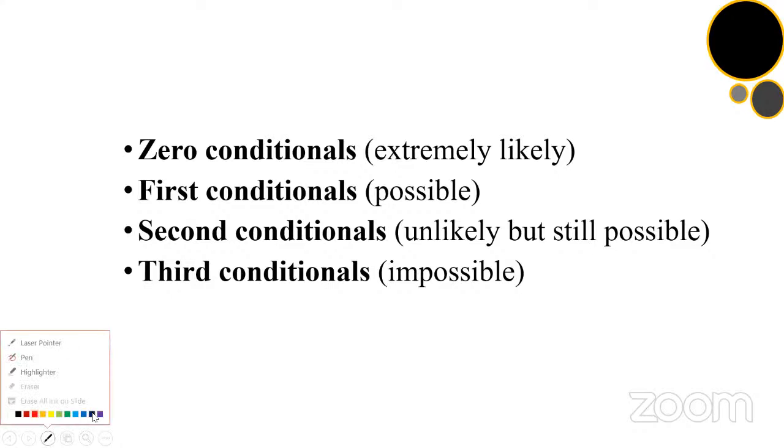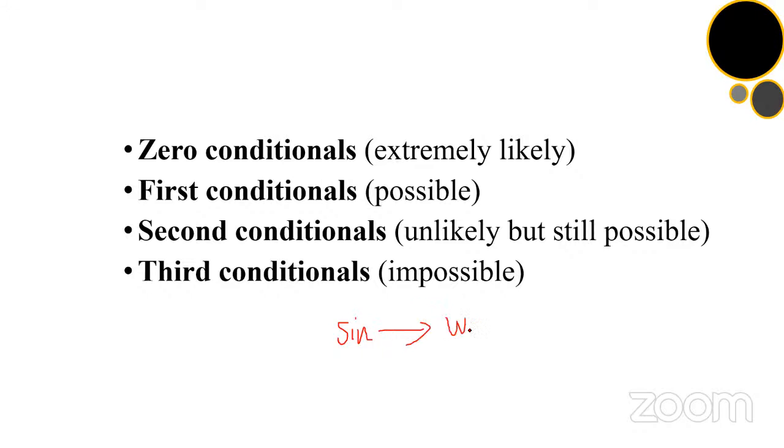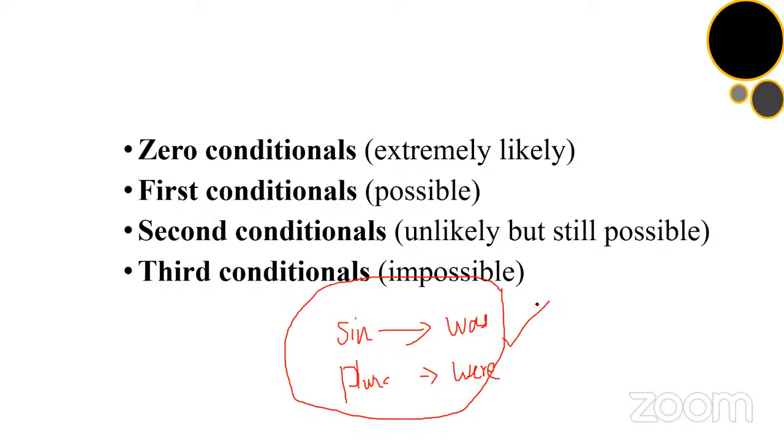For singular you'll be using was, and for plural form you'll be using were. This is the normal thing we usually do. As Madhu said, this is the correct one only.